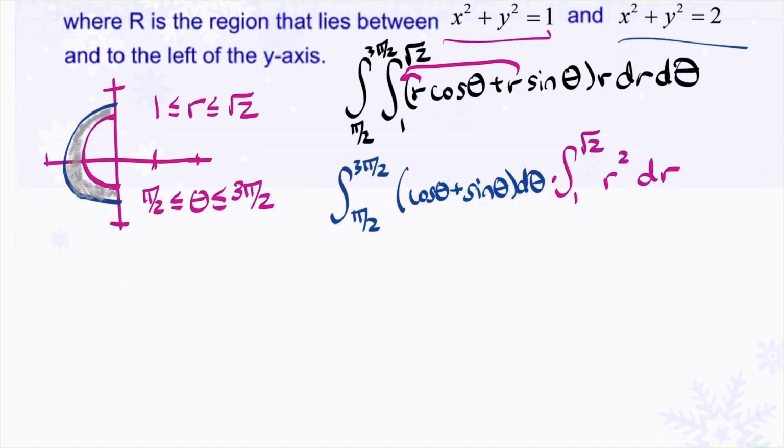So now I'm going to integrate this one. I get sine theta minus cosine theta going from pi halves to 3 pi over 2.